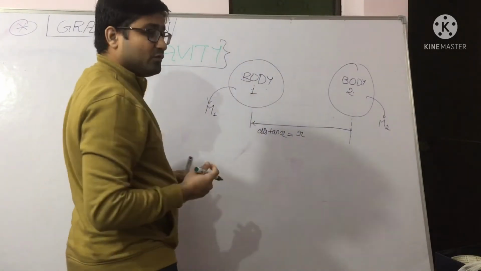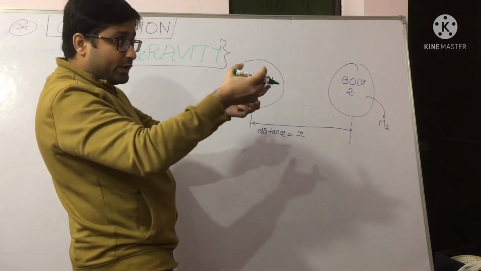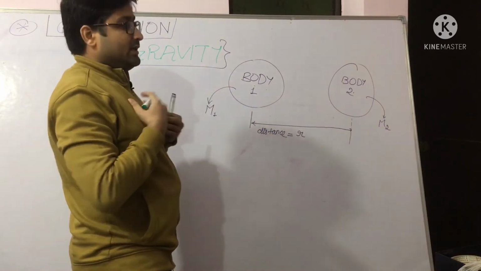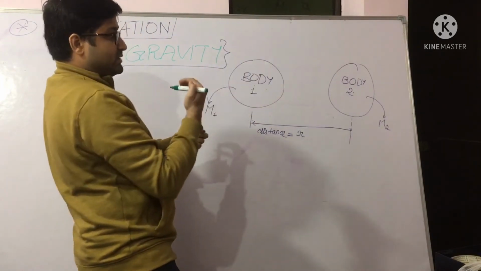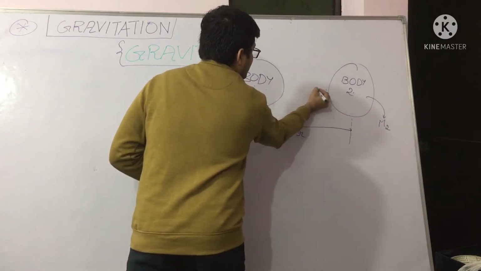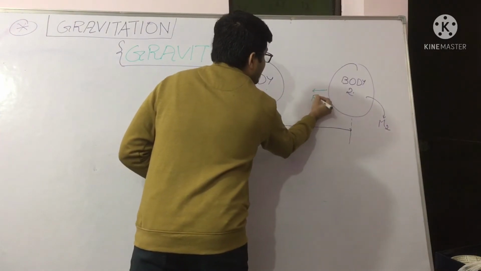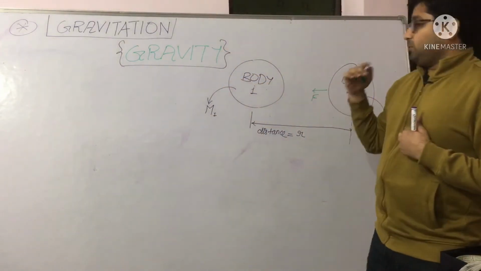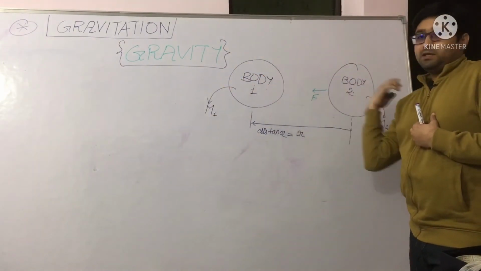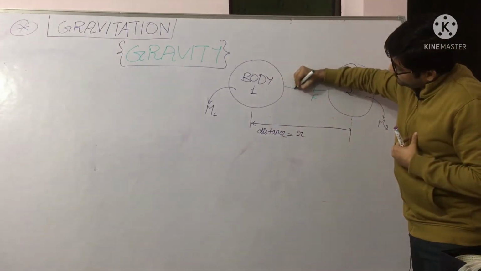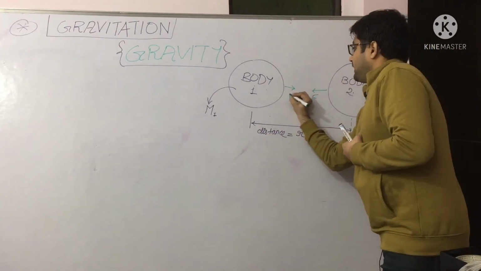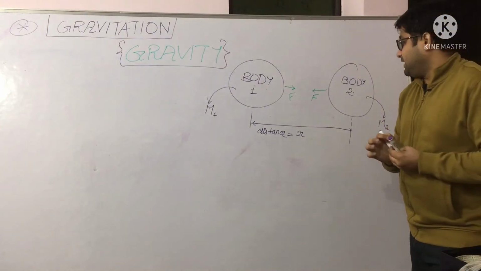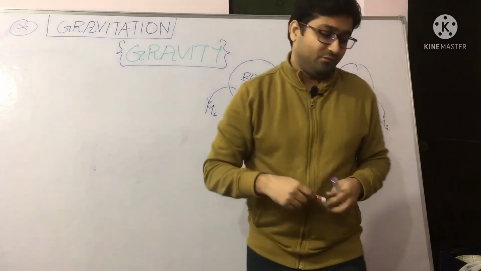The direction of force of attraction means the body attracts towards itself. Suppose if I am body 1, then I am attracting body 2 in this direction. And if I am body 2, then I am attracting body 1 towards me, that means in this direction. And the force of gravitation is denoted by the letter capital F.